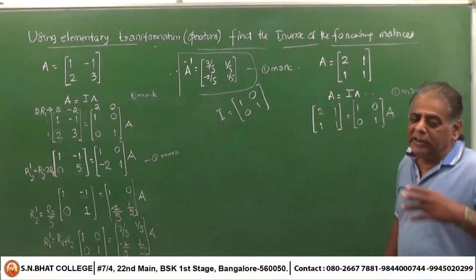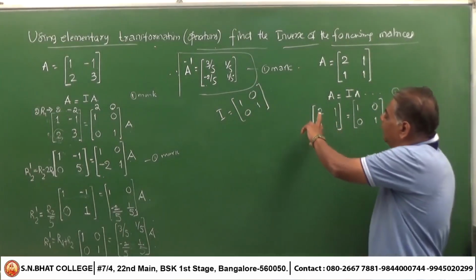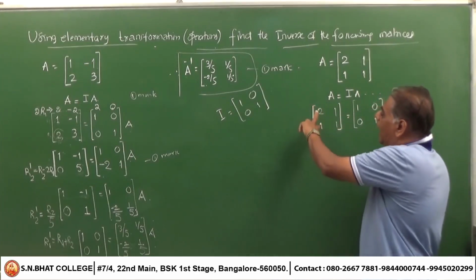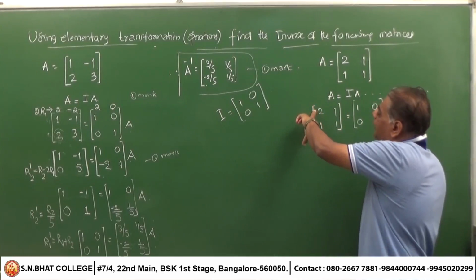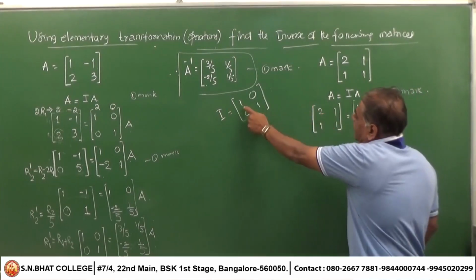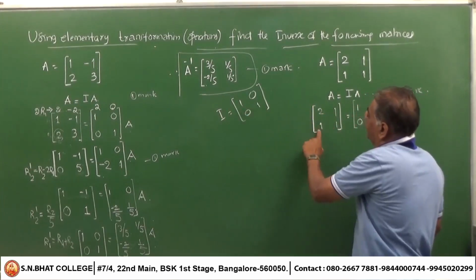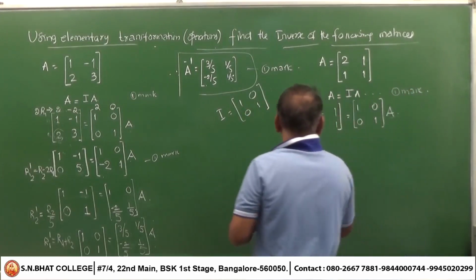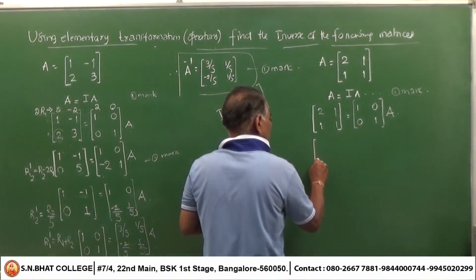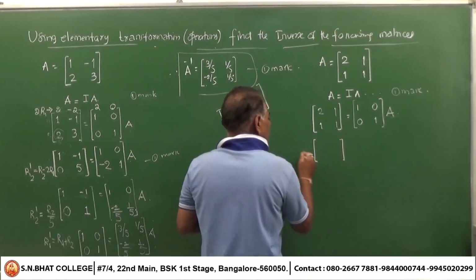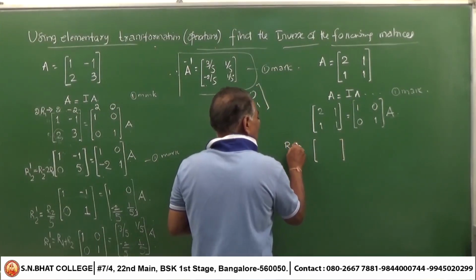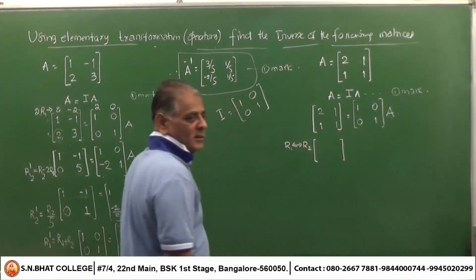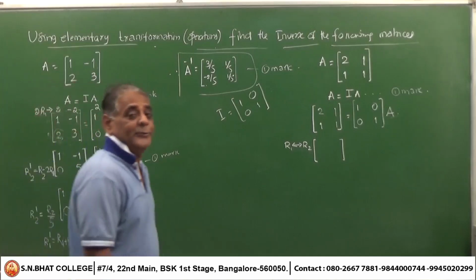See here, in elementary transformation, we can interchange any 2 rows or any 2 columns. I am interchanging R1 and R2 because I have to make the first element 1.